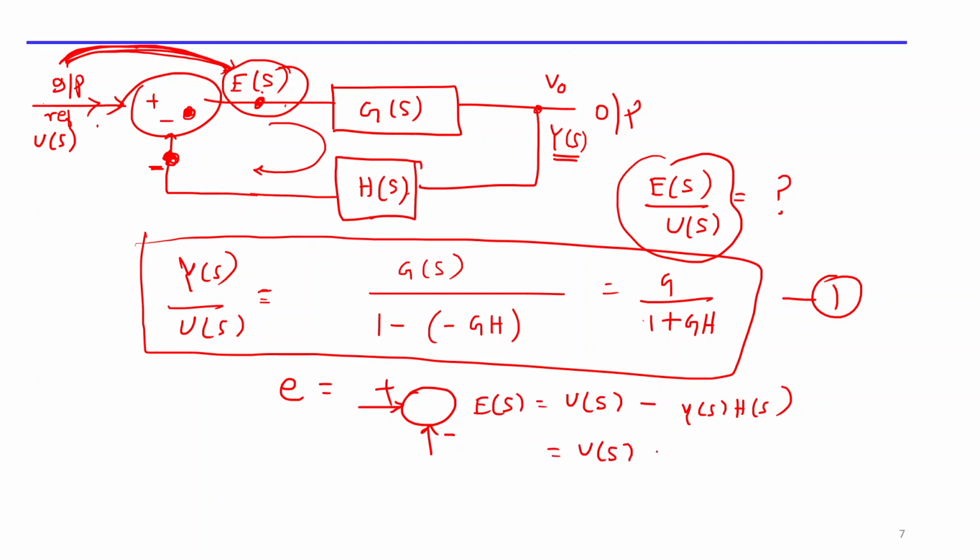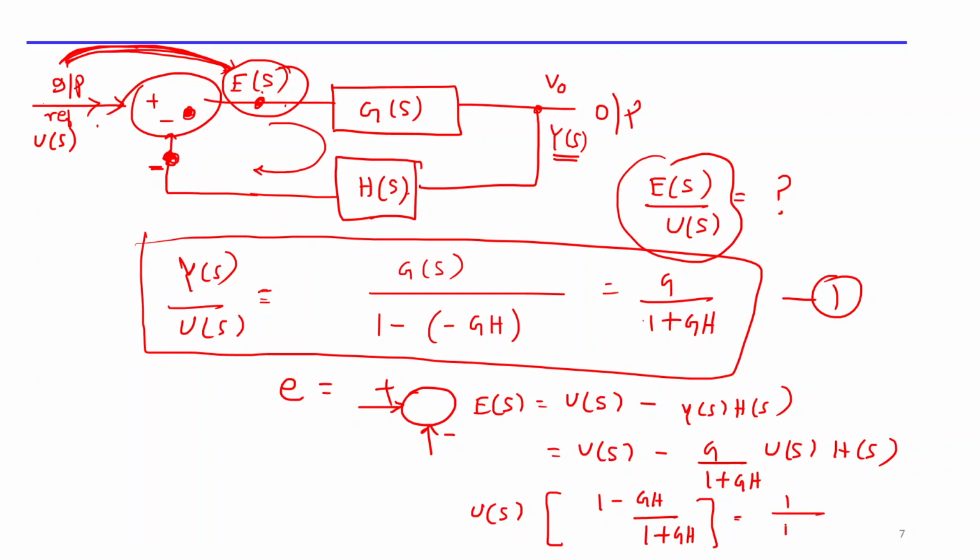E of s minus Y of s is how much? Y of s is G divided by 1 plus GH into U of s, and then into H of s. So take U of s common. What you get is 1 minus GH divided by 1 plus GH, and this is 1 divided by 1 plus GH.